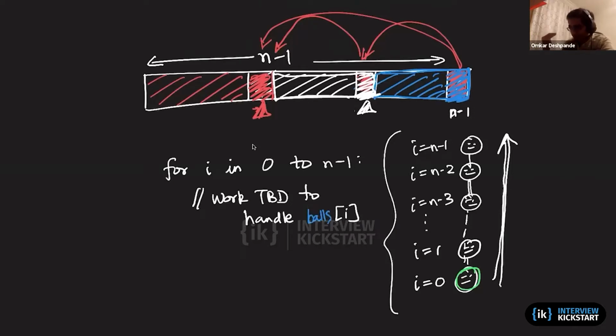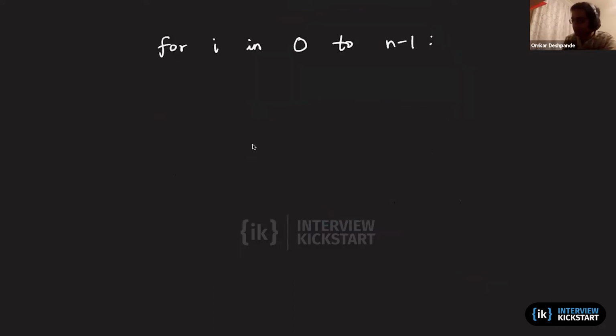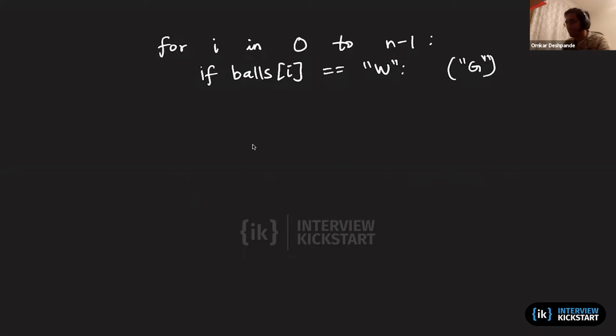So if it's white, then I have to do what I did in the Polish national flag problem. So if balls of i is white, okay, turns out that in the IK problem, instead of white, for some reason, they've chosen the color green, but let's treat it as white for our purposes. Balls of i is white.